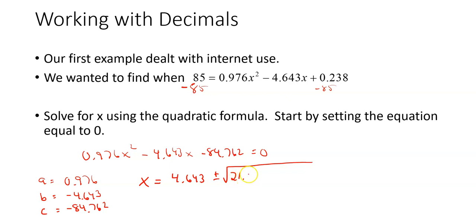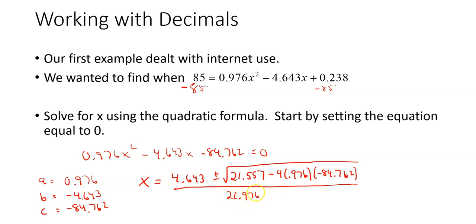I can't be any more accurate than the question. So 21.557 is my b squared, minus 4 times a times c, all over 2a.